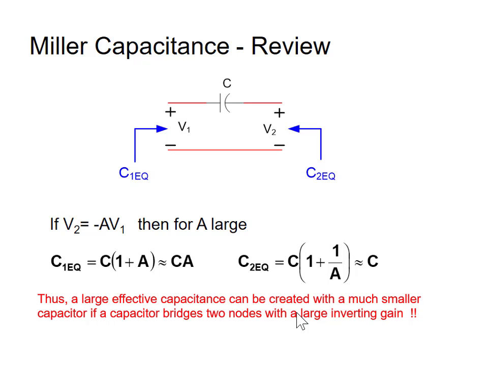Thus, if you have a big gain, a large capacitor can be created with a much smaller capacitor if a capacitor bridges two nodes with a large inverting gain. To give some feel for why that happens, if you take a regular capacitor, as the voltage goes up, the current goes up.